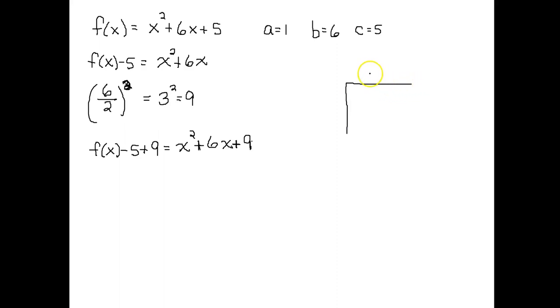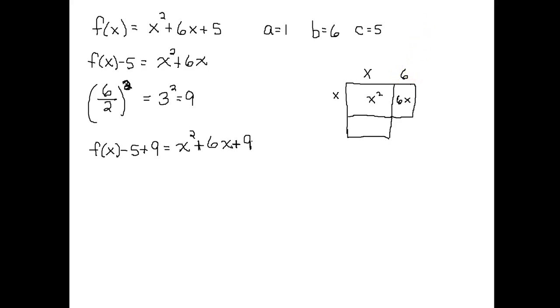X squared plus 6x plus 9. You have a section that's x by x. That's your x squared. Then you have 3 times x, which is 3x, and another 3x, and this is 3.